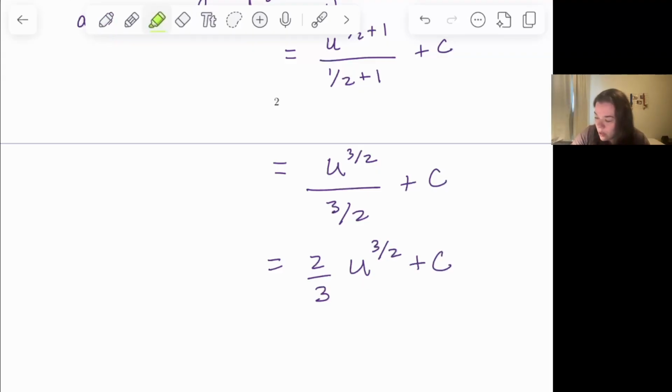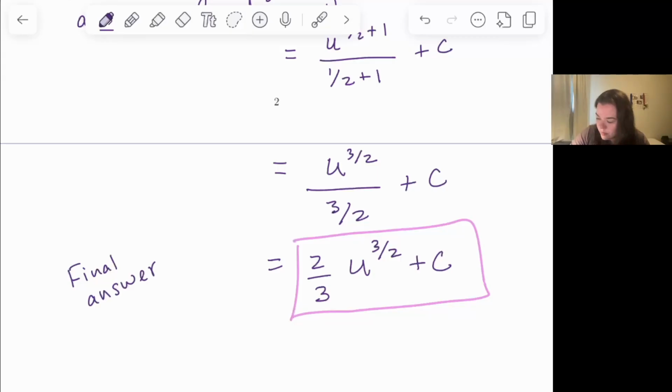So one thing I want to say is this is a valid final answer, but there's a but, of course. This is the final answer in terms of u, the variable u. Now, since u was a variable you created to make your life easier, we normally don't give the final answer in terms of u.